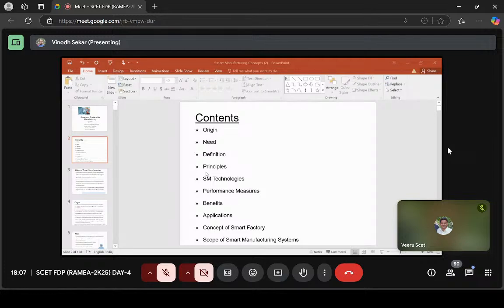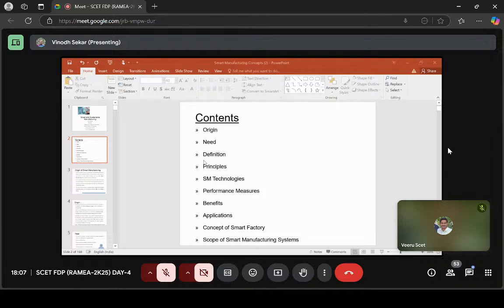Sir, are you mentioning something? Yes, sir. Actually, it is on slide 2, sir. So that's why I asked. Earlier also I asked when I moved to slide 3. I didn't get any response. Oh, it is on slide 2, sir. So now I am on slide 3. Is my slide, origin of smart manufacturing, visible? No, sir. It is on slide 2.